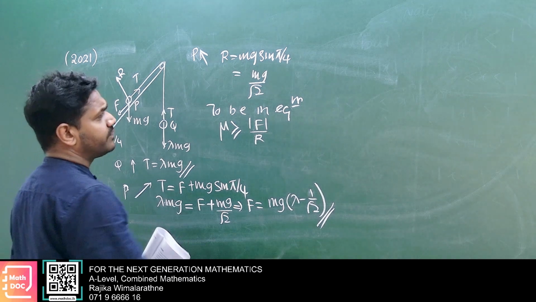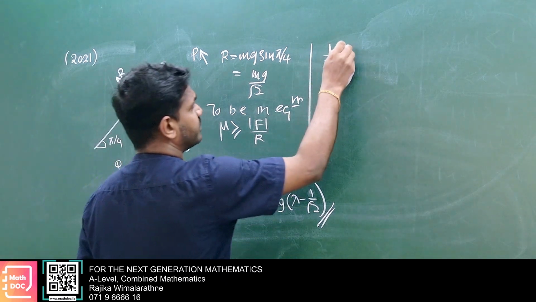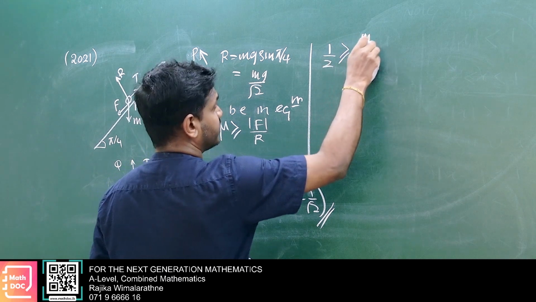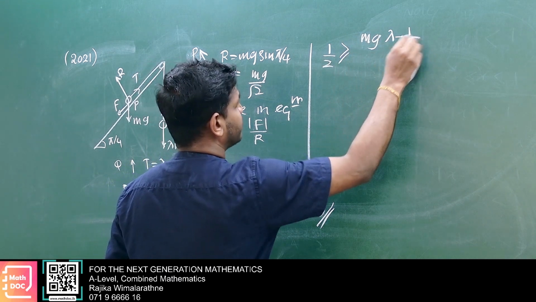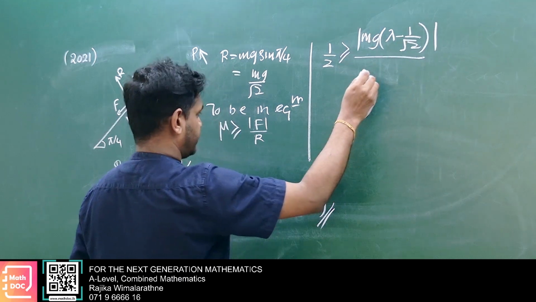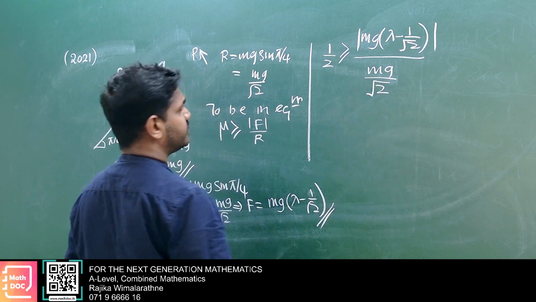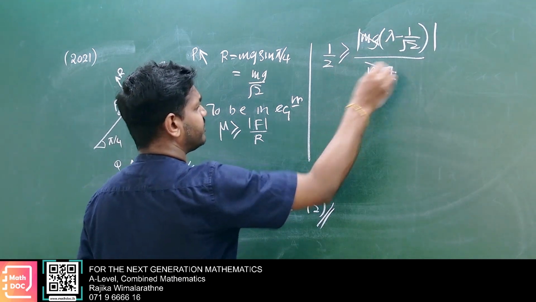Mu given half, F value mg lambda minus 1 over root 2 modulus, mg over root 2. Then simplify.